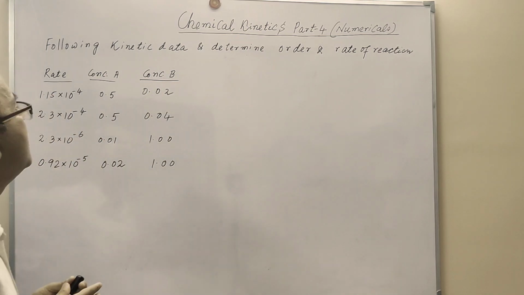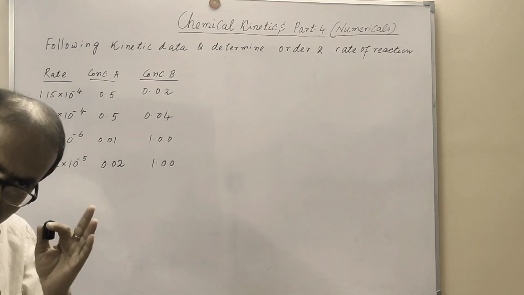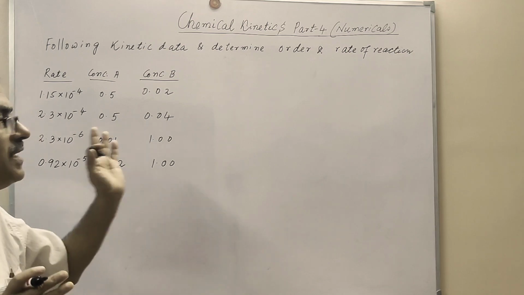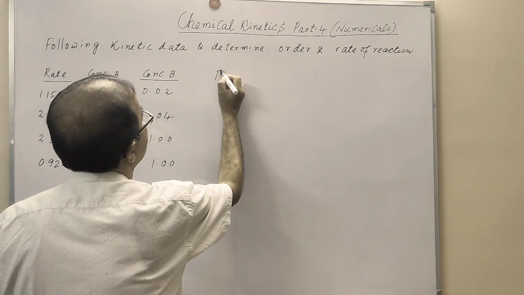Okay, how to calculate? This is a very important thing to understand. In any type of question like this, you have to first frame the rate law. What is the rate law?